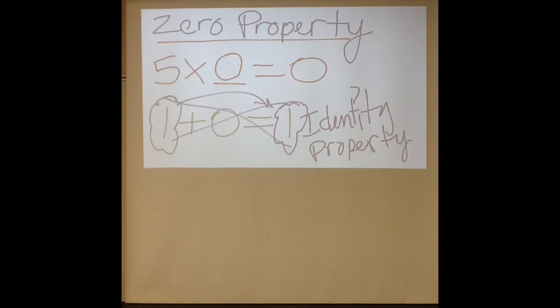So that's what we just talked about. But zero property is a multiplication property. It's only for multiplication, and it's when you multiply a number by 0. It's called zero property. Okay? Very good. I love math.